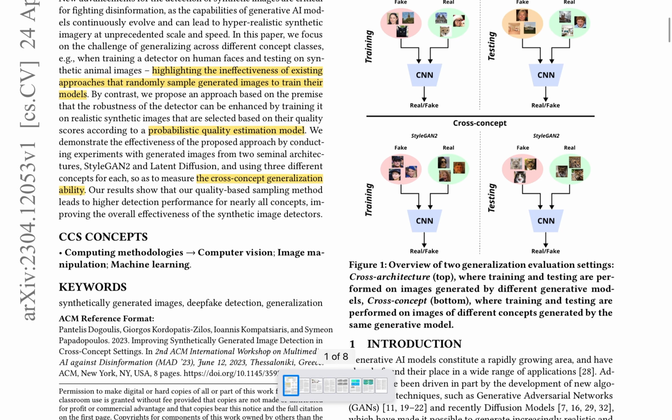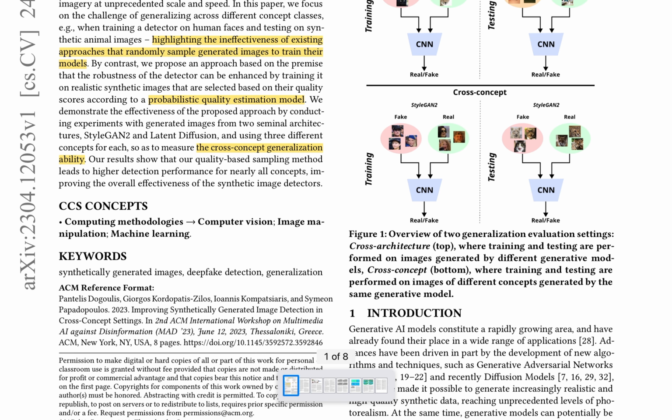Our results show that our quality-based sampling method leads to higher detection performance for nearly all concepts, improving the overall effectiveness of the synthetic image detectors. CCS concepts: computing methodologies, computer vision, image manipulation, and machine learning.